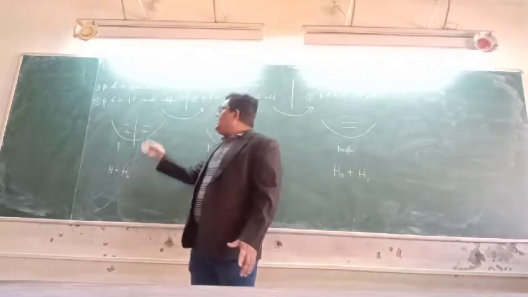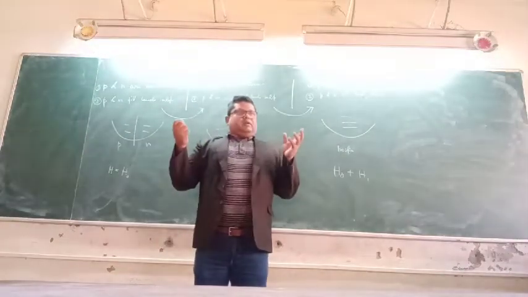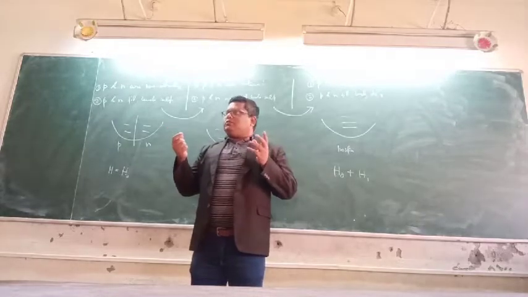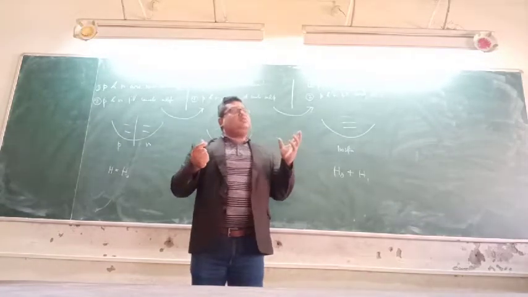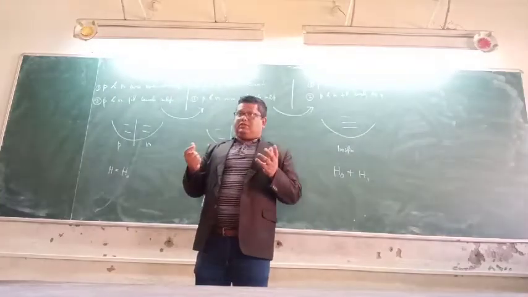So this is the basic idea. And also remember, regarding the strong interaction, there is not much difference between proton and neutron. But there is a difference due to electromagnetic interaction. One is charged, another is uncharged.